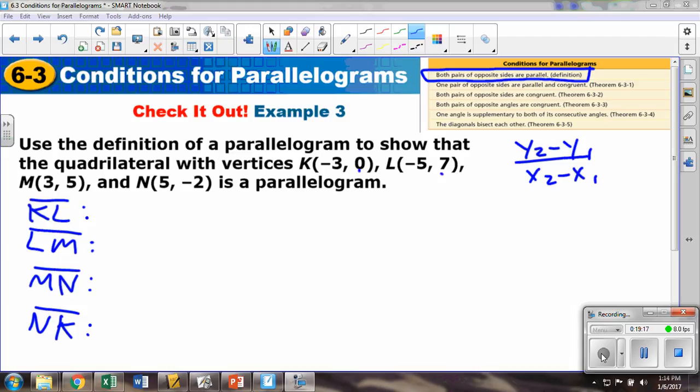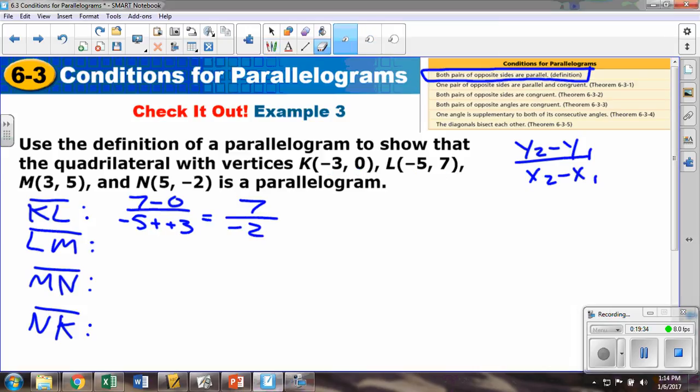Take our y-coordinates, 7 minus 0, and the x's, -5 subtract -3. That's 7 over -2. Okay, moving to the second slope between L and M. 7 minus 5, -5 subtract 3.